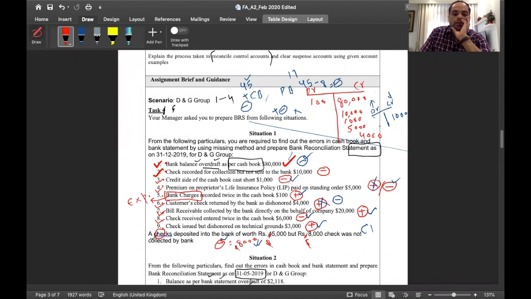Number 7, bills receivable, 20,000. Debit, 20,000. Next, number 8, check received twice, 6,000. Debit, credit? Credit, 6,000.